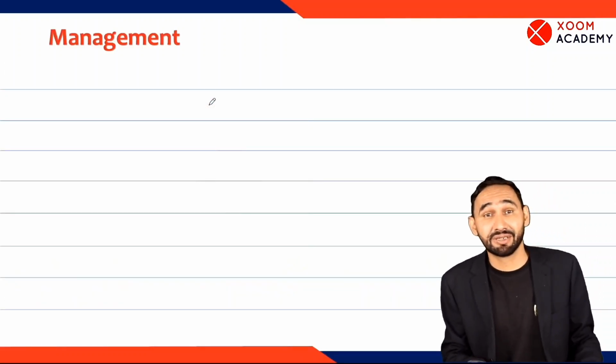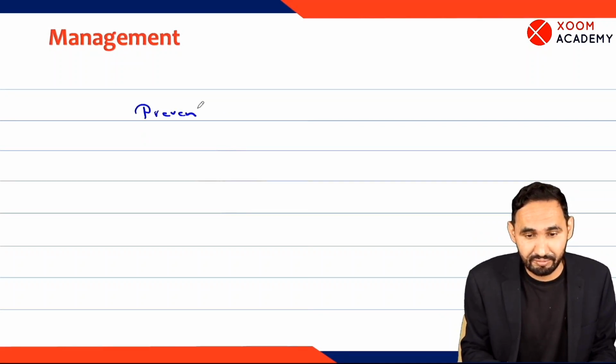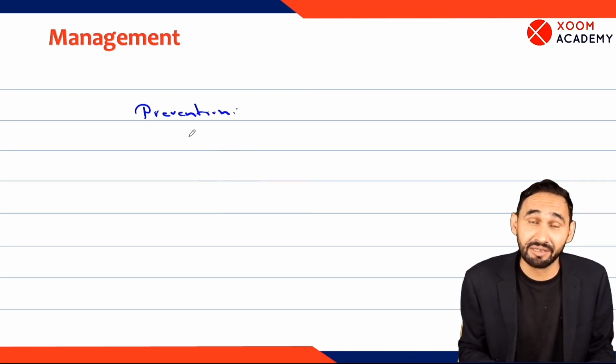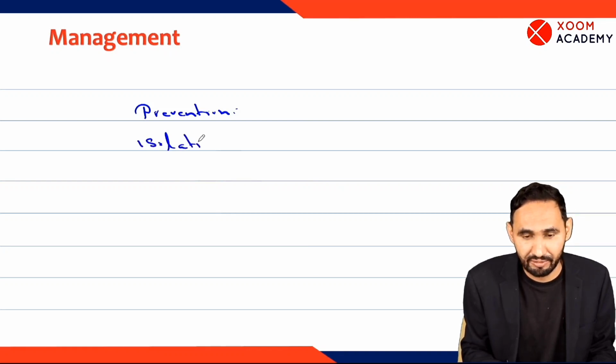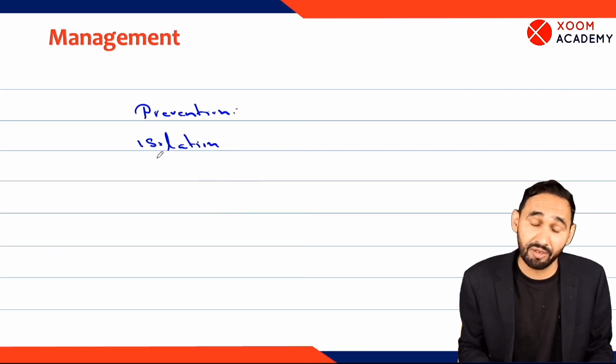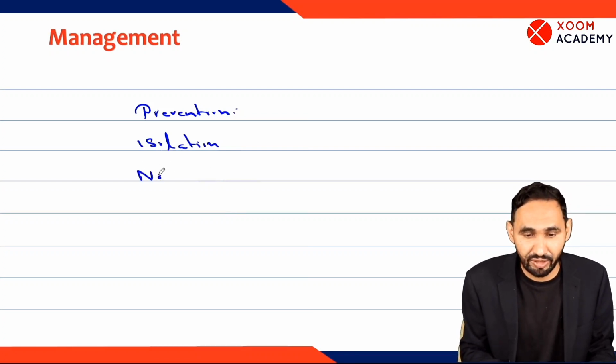What is management? What is prevention in case of rubella? General preventive measures are the same as those of measles and mumps, like isolation. You have to isolate cases of rubella to stop the transfer of infection. Then notification: you have to notify the authorities.